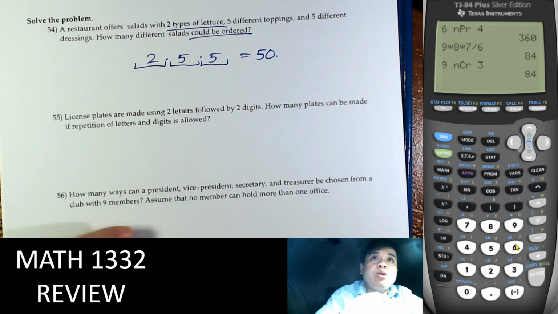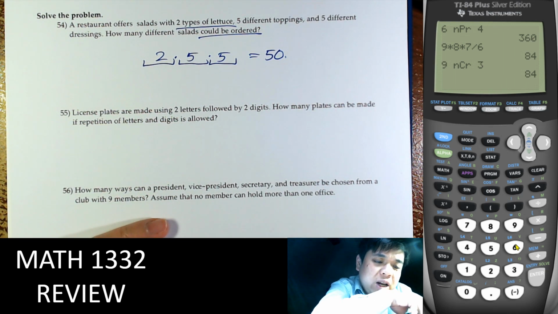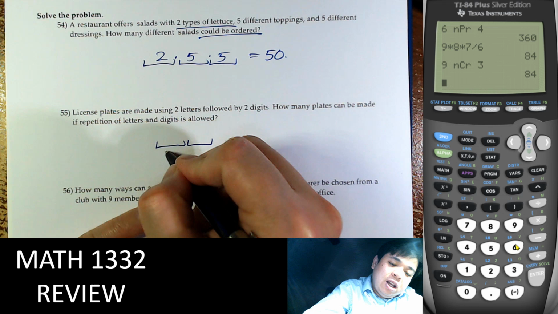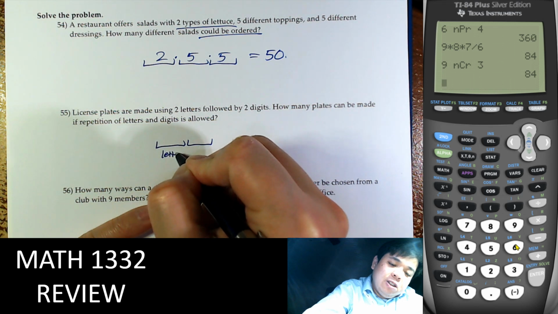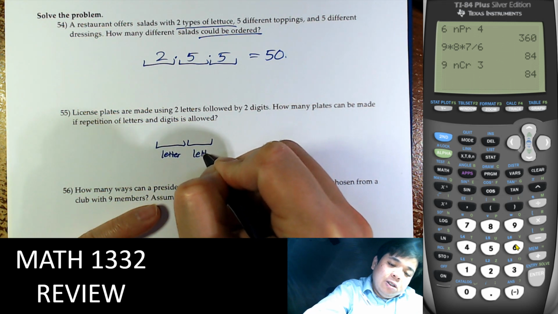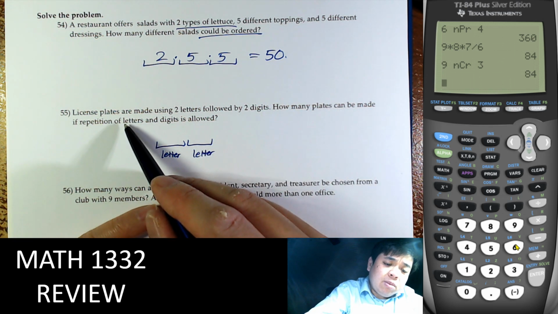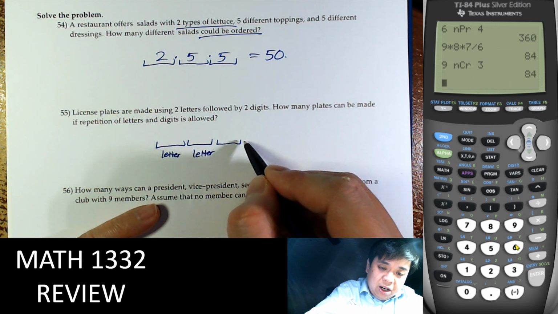Right, so that's all. Now suppose license plates are made using 2 letters followed by 2 digits. So this is letter. How many plates can be made if repetition of the letters and the digits is allowed?